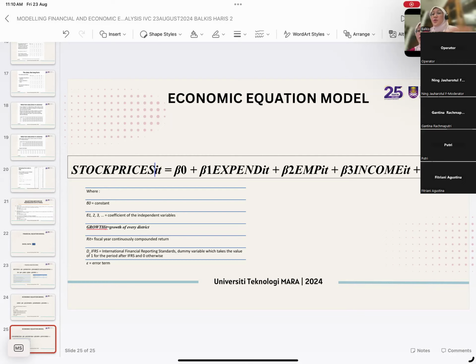Then what we do here, stock prices is the Y. Stock prices, you can choose all the countries, or you only choose the companies and the countries. For example, stock prices for all the listed companies in Indonesia for 10 years.